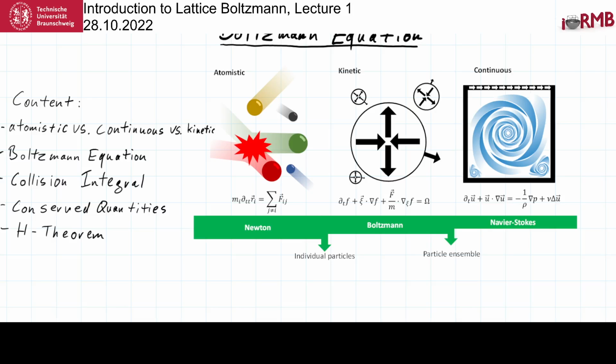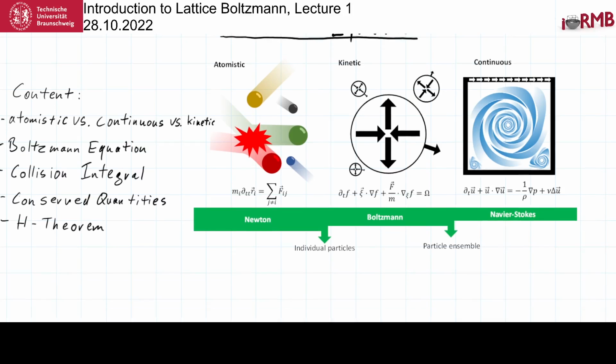Today we are talking about the Boltzmann equation, which is different from the Lattice Boltzmann equation, but we'll have to understand the Boltzmann equation first to go to the Lattice Boltzmann equation. So the content of today's lecture is three different ways to understand the world. Then we look at one of them, namely the one in the middle here, the Boltzmann equation.